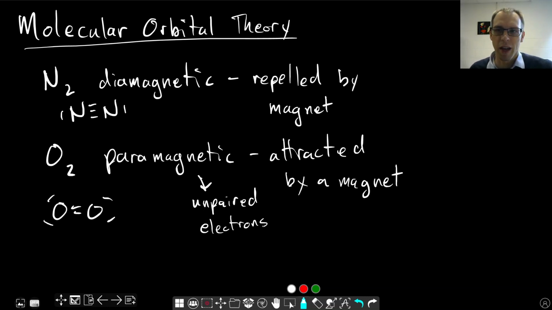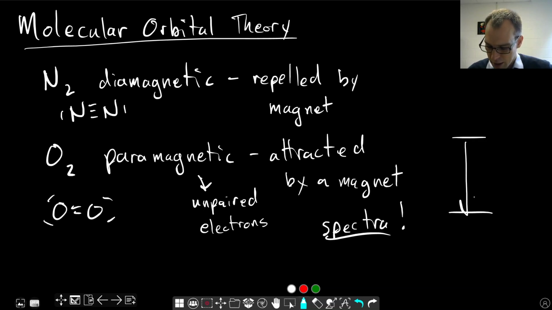One of the other things that molecular orbital theory can help to explain is the spectra of molecules. Just like in atoms, we can see transitions between different energy levels. We talked about this with the hydrogen atom in particular, but it applies to all other atoms. The same thing is true if we put energy into a molecule: there are different orbitals, and we can see transitions from a higher energy state to a lower energy state, and those will emit light, or the other way around, they can absorb light.